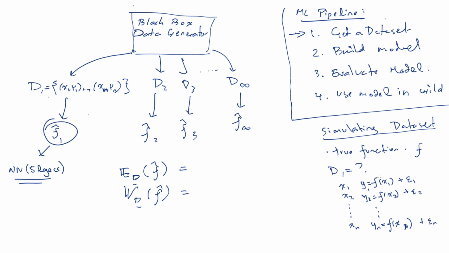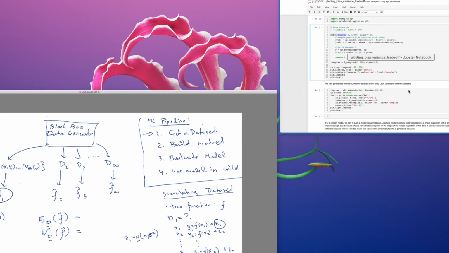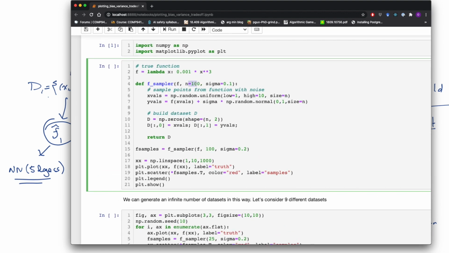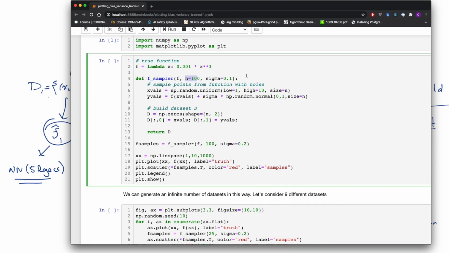Obviously you don't want to give it just exactly samples from the function. You want to give it a bit of noise and see what it can do. This noise can be anything, but usually you'll see it being normal, 0, sigma squared, and you get to pick sigma squared. So what I'm doing here is generating 100 points, taking my sigma to be the default value 0.1.